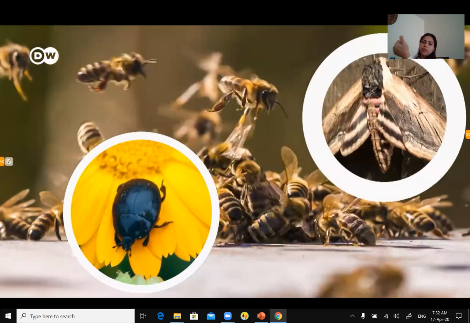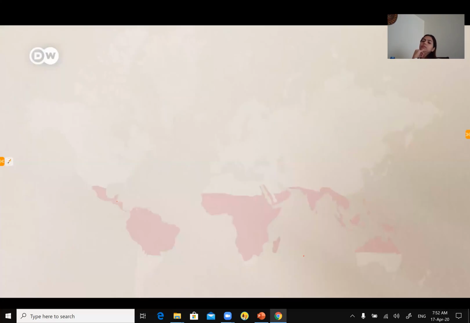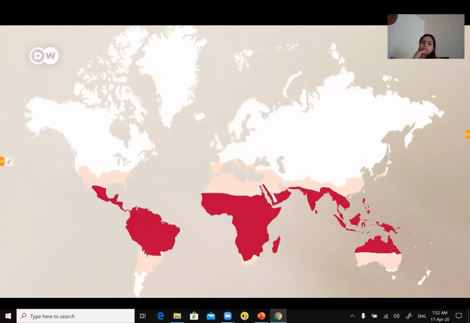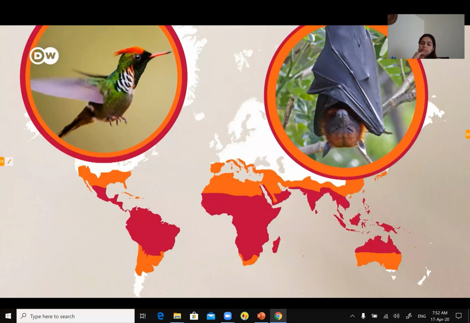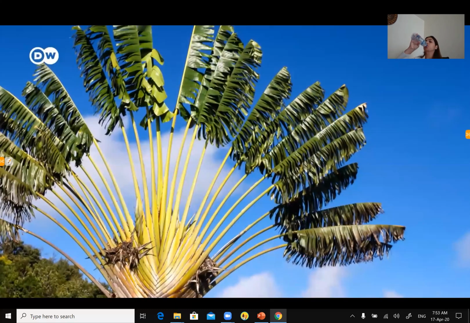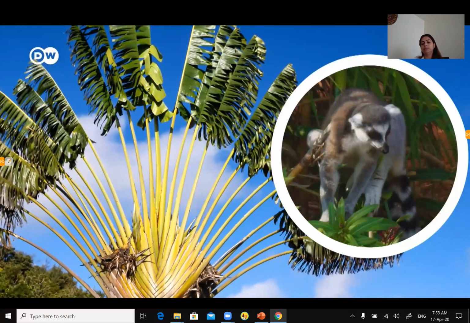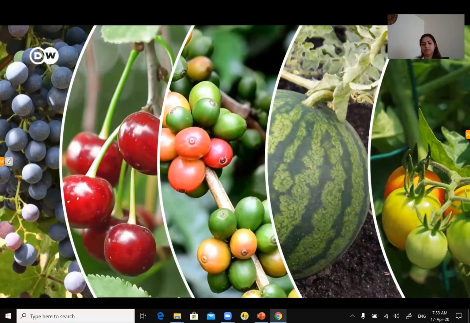As do beetles, moths, ants, and butterflies. First bees, then flies. In tropical and subtropical regions, birds also help to pollinate, along with bats. They like flowers with strong-smelling slimy nectar. In Madagascar, the so-called traveller's tree is pollinated by lemurs. But the most important pollinators for farmers worldwide are insects.